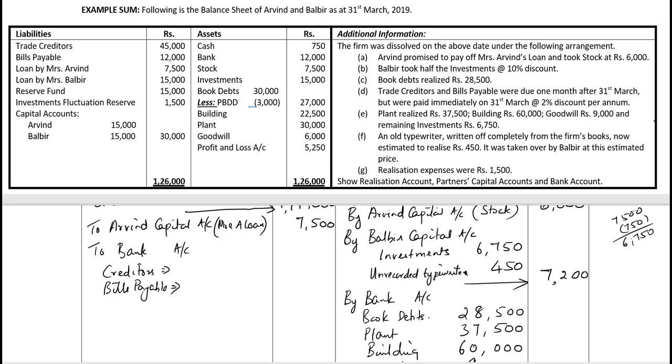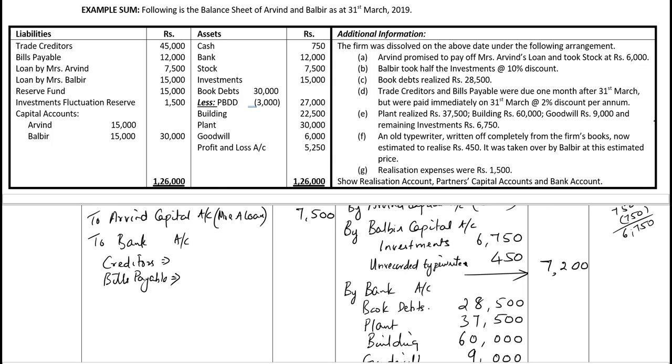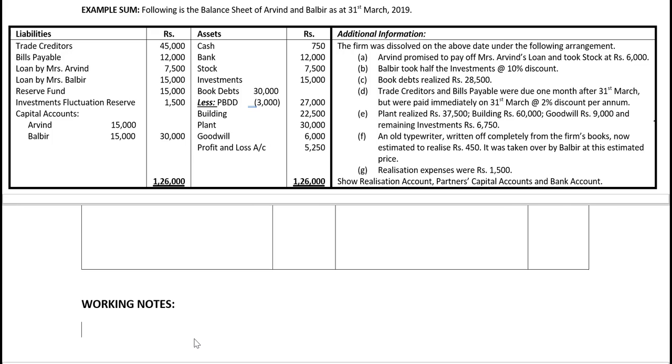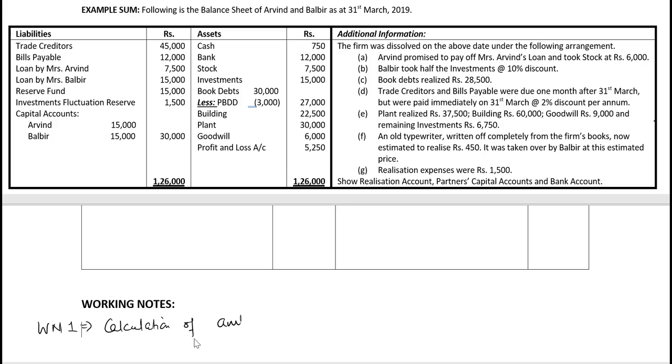Let's go to the working notes to find out the amount of the discount. Working note 1, calculation of amount paid to creditors and bills payable.